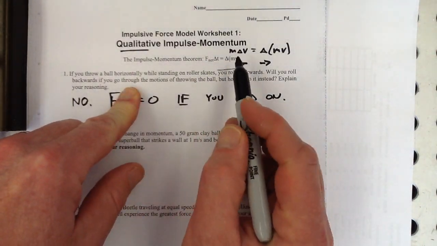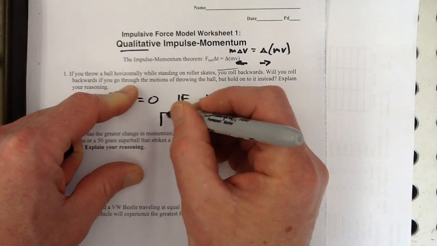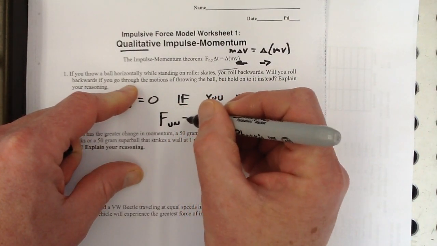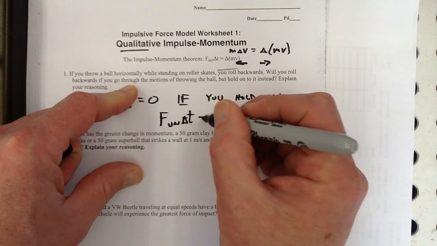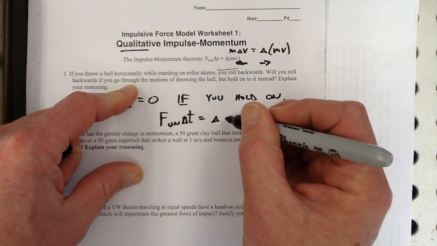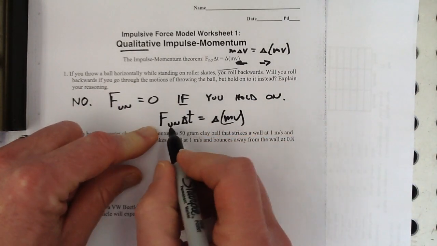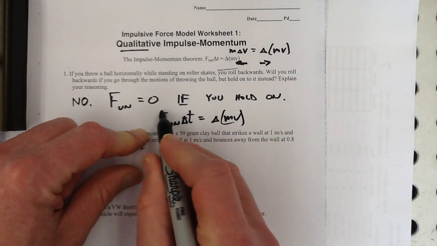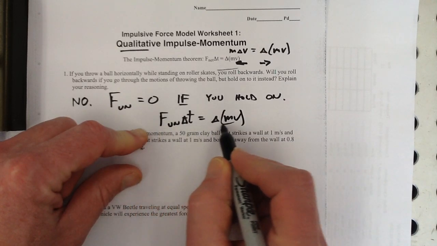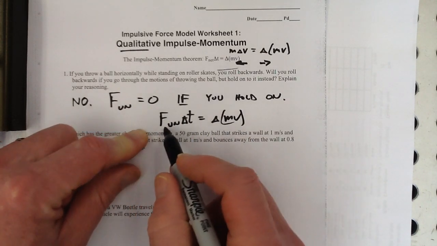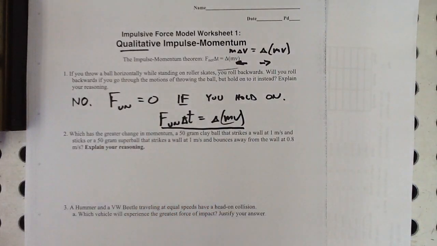If you want to think about it in terms of this equation, the unbalanced force times time is equal to the change in momentum. So if the unbalanced force is 0, then the change in velocity is going to be 0. All right, we can try that too. Maybe we'll try that in class with a skateboard and some kind of heavy ball.